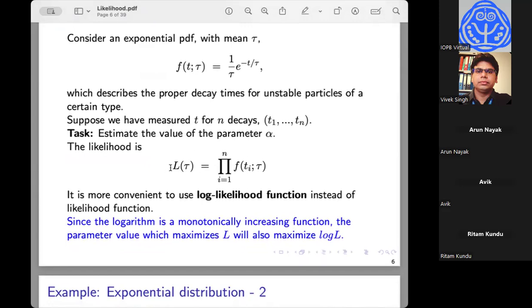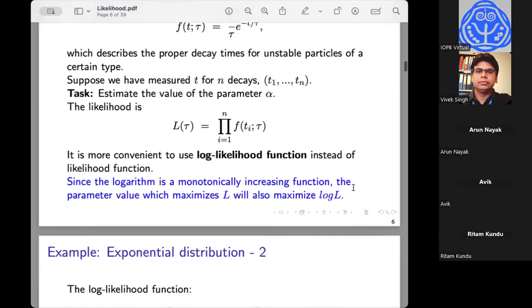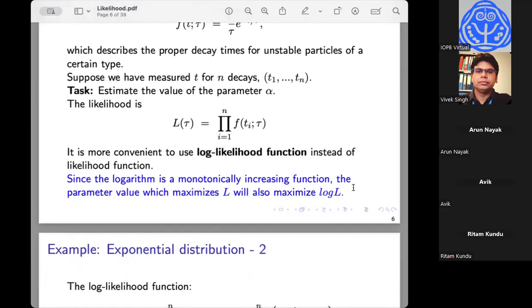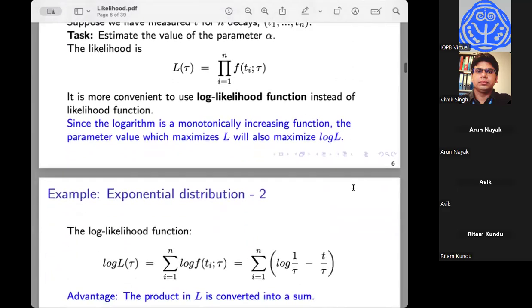When you take the log likelihood, it becomes a sum of the logs of the probabilities, and it is a monotonically increasing function, so it's easy to do the maximization. The parameter values which maximize the likelihood will also maximize the log likelihood, and it is more convenient to use the log likelihood instead of the likelihood function.